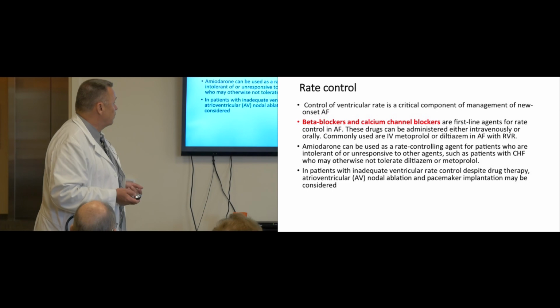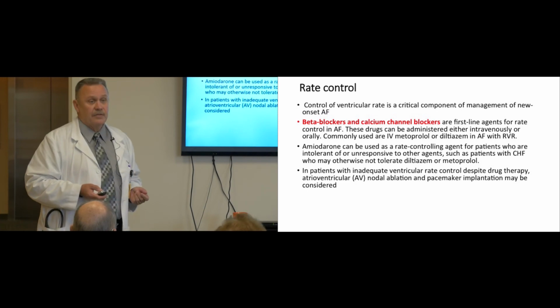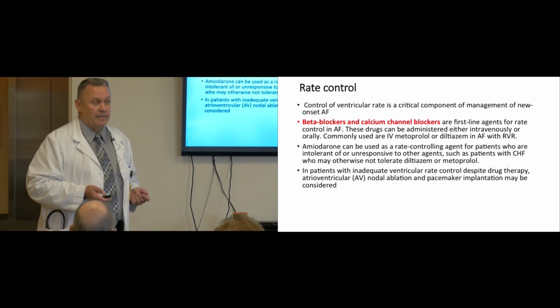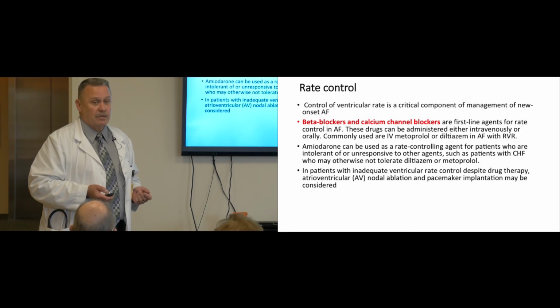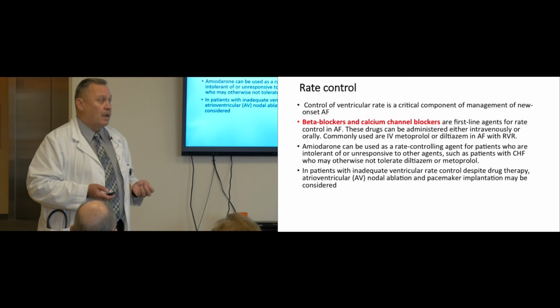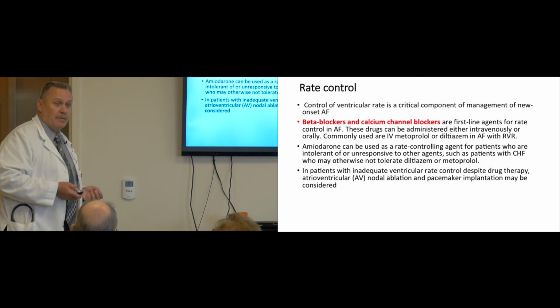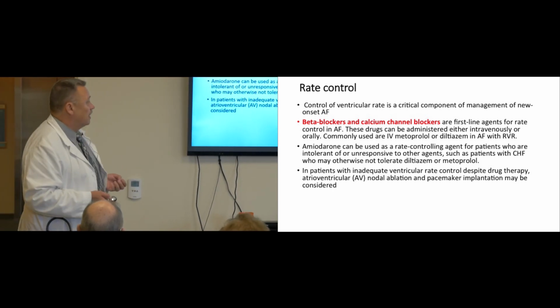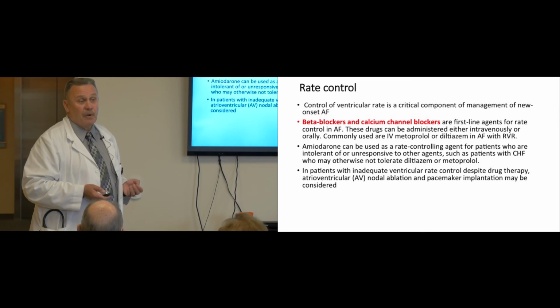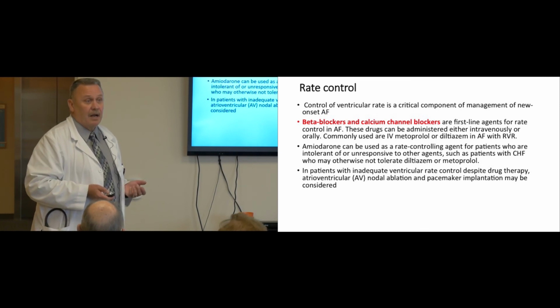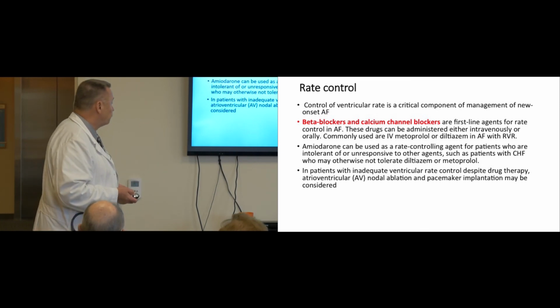Beta blockers and calcium channel blockers are normally the first-line agents for trying to control heart rate. And different beta blockers and different calcium channel blockers will control that heart rate better or worse. But talk to your doctor about which one is best for you, because any of the medications that the doctors prescribe are going to have potential side effects, and some of these do as well.